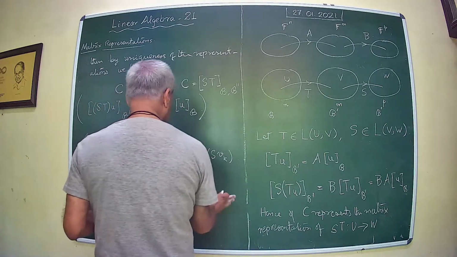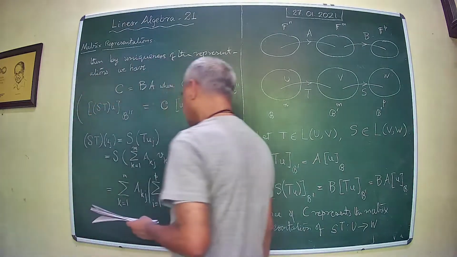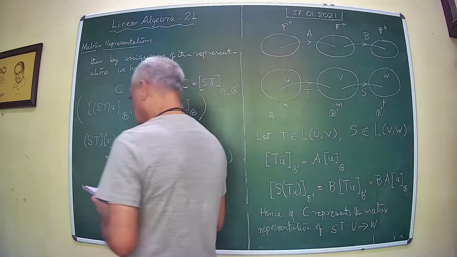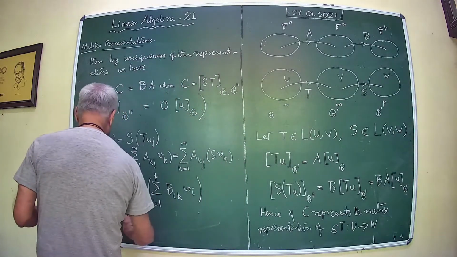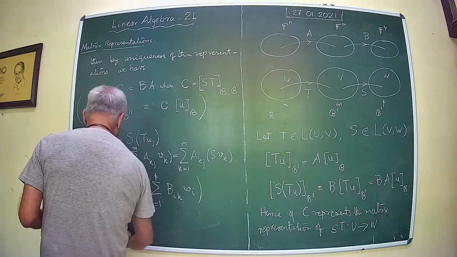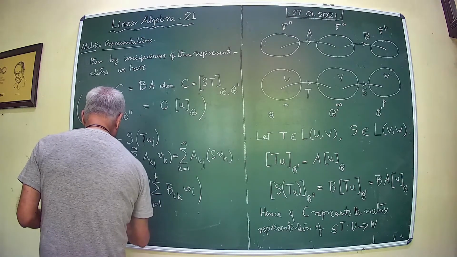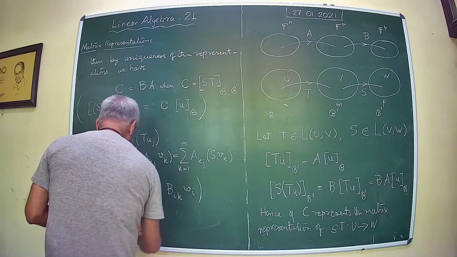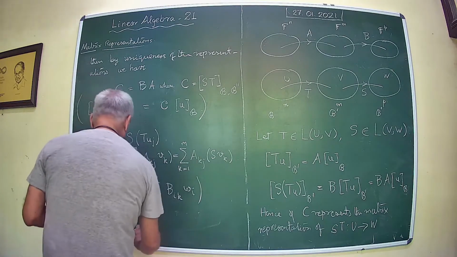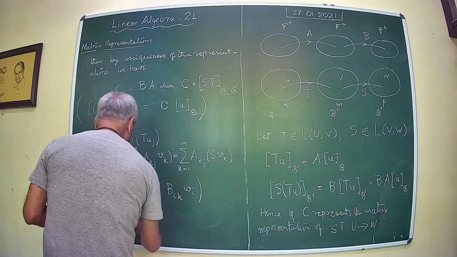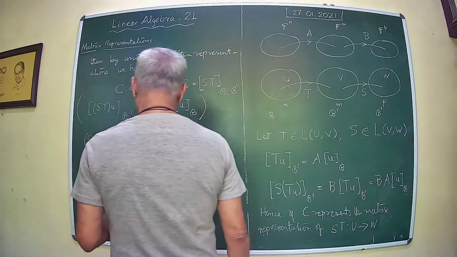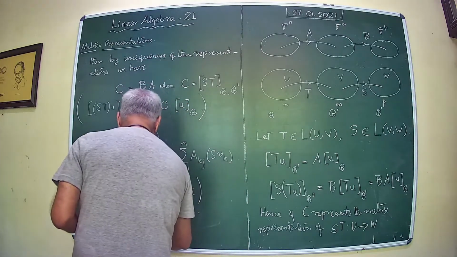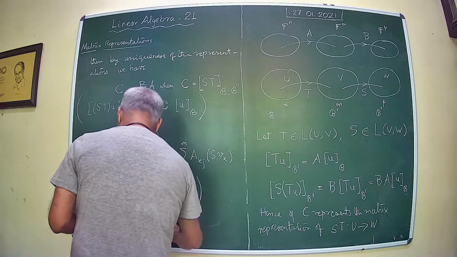Please follow the symbols like this. And that can be rewritten as, because all finite sums, sigma i equal to 1 to p, sigma k equal to 1 to m, b_ik a_kj w_i.